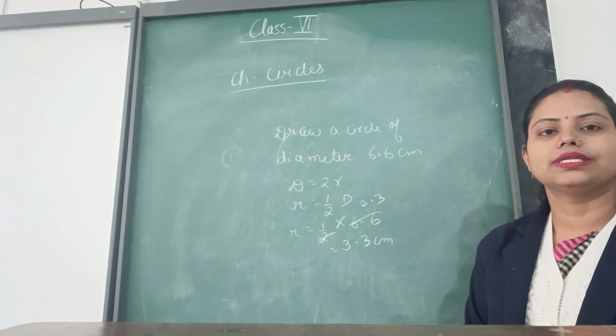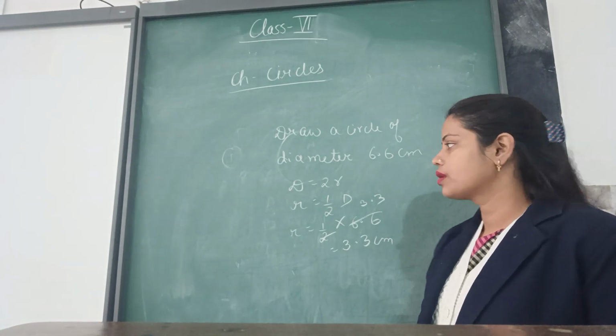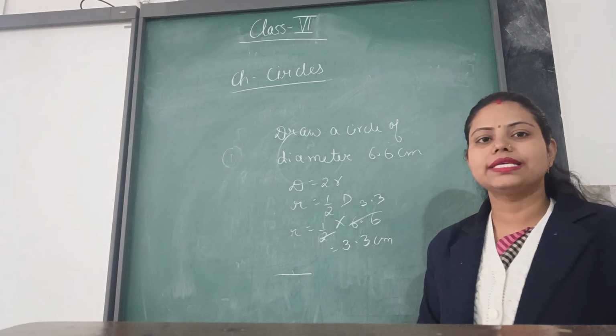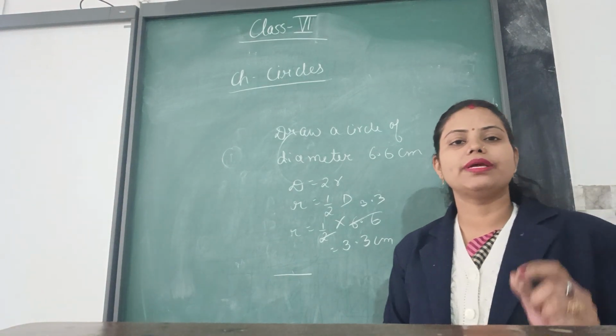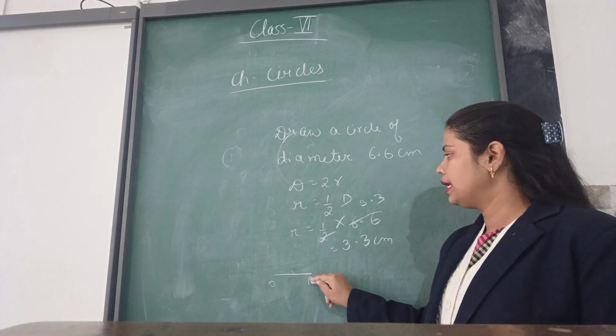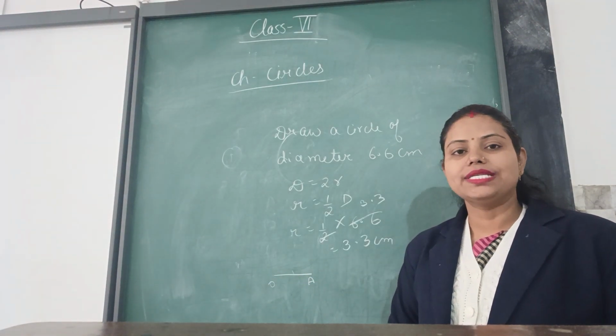Now we have to draw a circle of 3.3 centimeter. So at first, we are going to draw a line segment of 3.3 centimeter by using the scale. Draw a line segment, let it be OA of 3.3 centimeter.